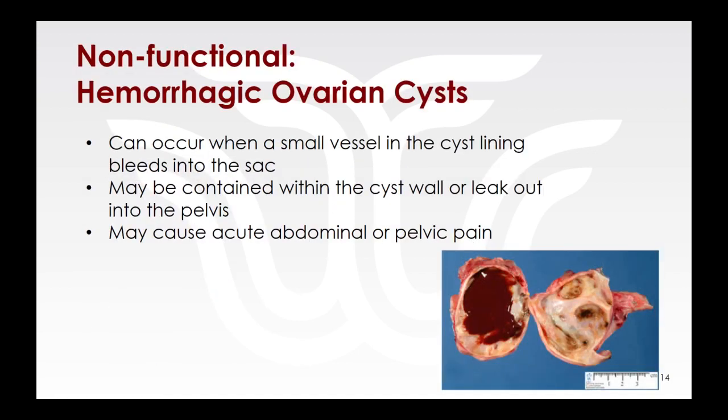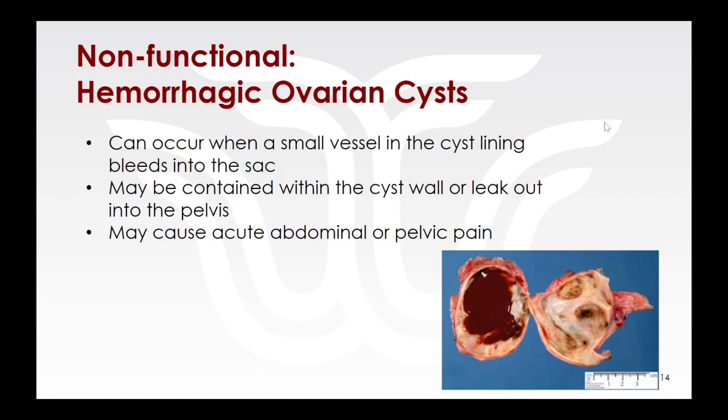Another non-functional cyst is hemorrhagic, which means that there is a cyst there, that a small vessel from the ovary has bled into the sac of that ovary. So that blood may be within the cyst wall, or leak out into the pelvis.